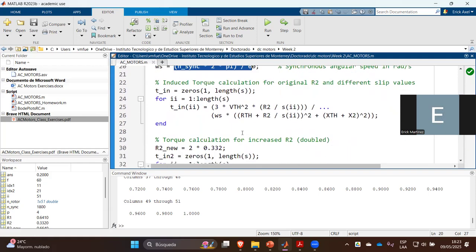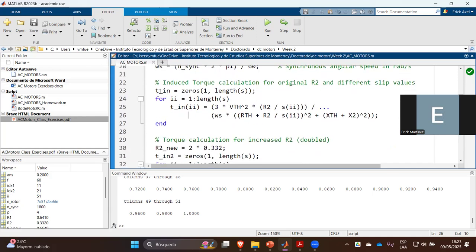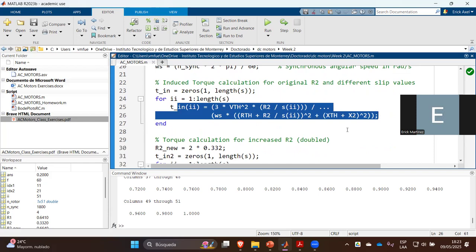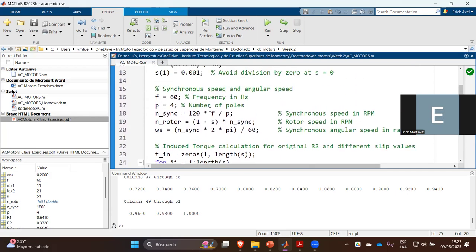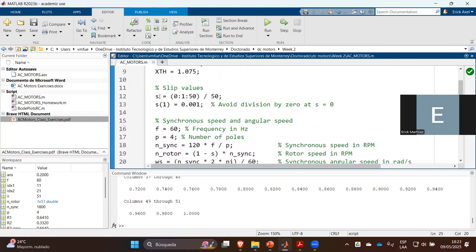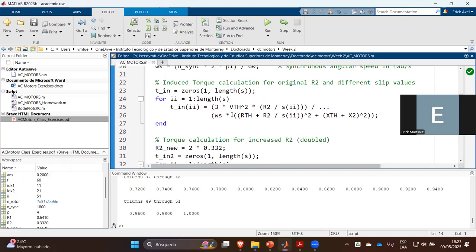Now, I am generating a vector for the induced torque, and I will compute it using the formula that we saw previously, that is 3 times the Thevenin voltage squared times R2 divided by S. I am taking all of the slip values that I previously generated.